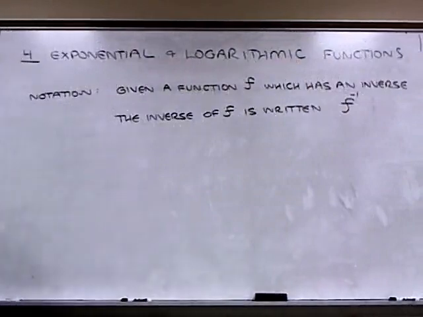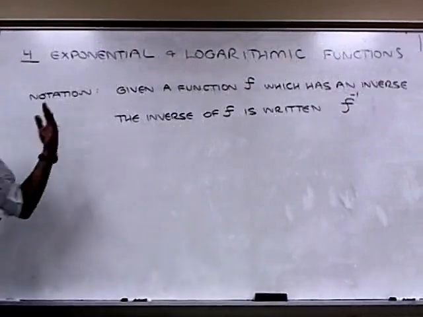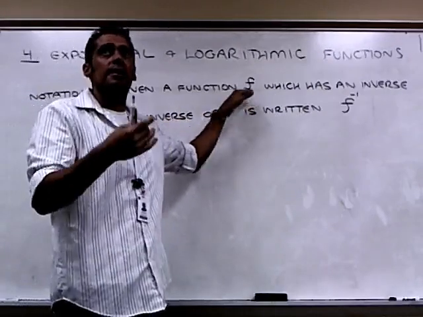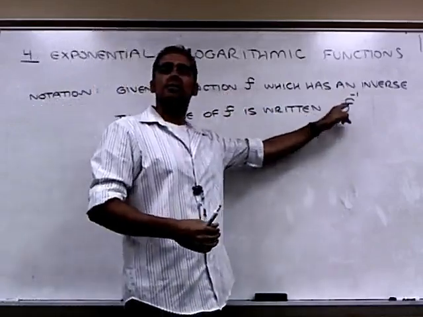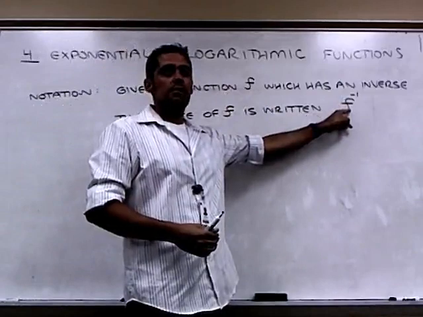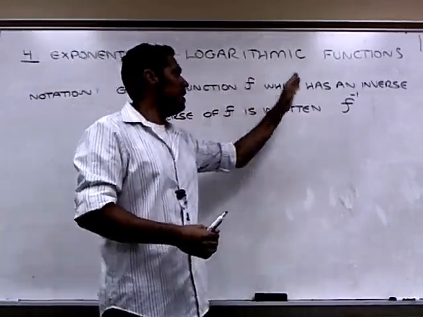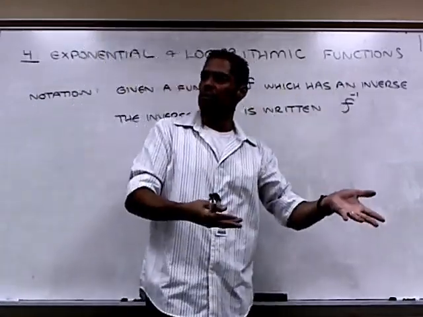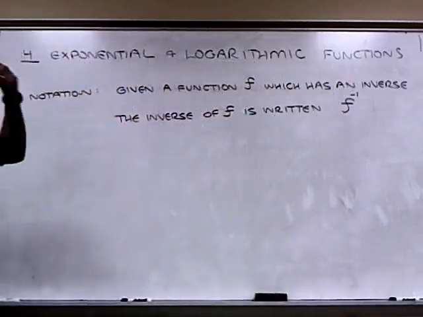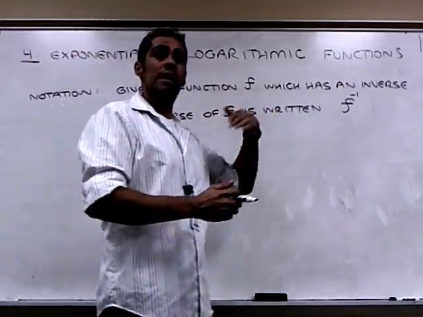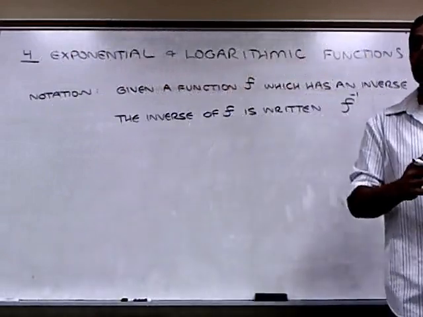We said the letter in front was the name of the function. So if you have a function which we're calling f, then if it's a 1-to-1 function, it has an inverse, then the inverse is denoted this way. So f is a function, and f inverse is another function. What f inverse should do is undo f. Okay, whatever f does, the inverse should undo it.